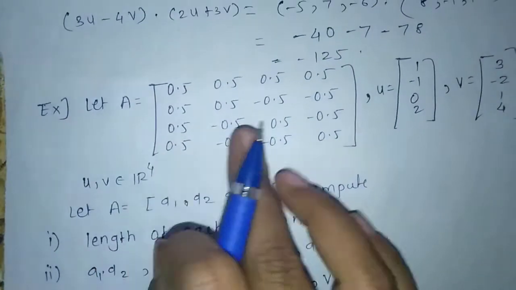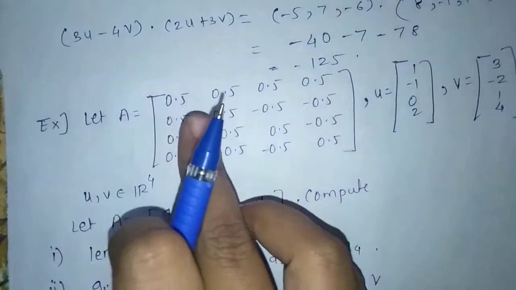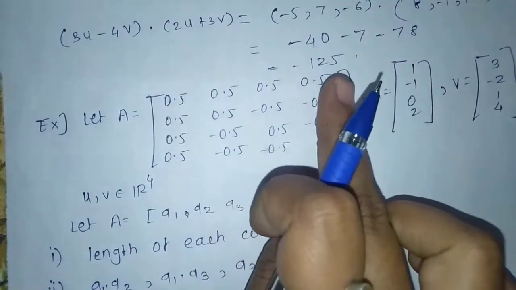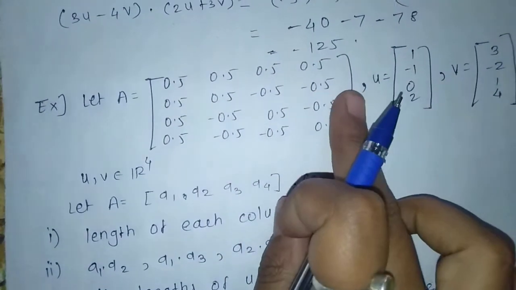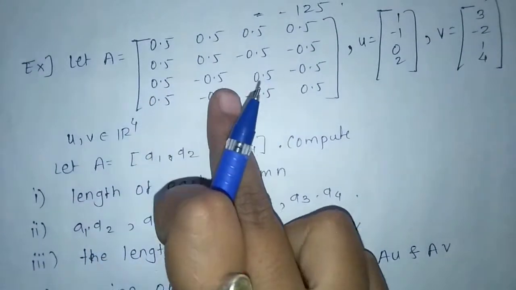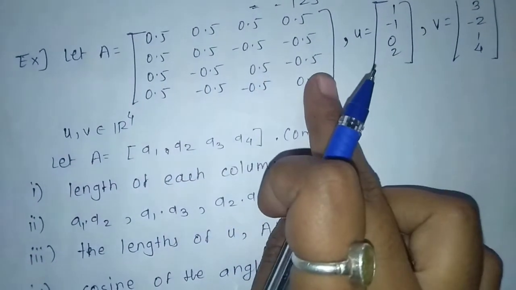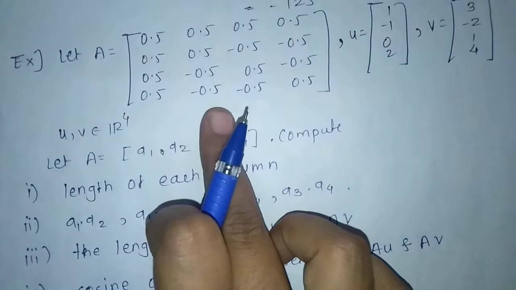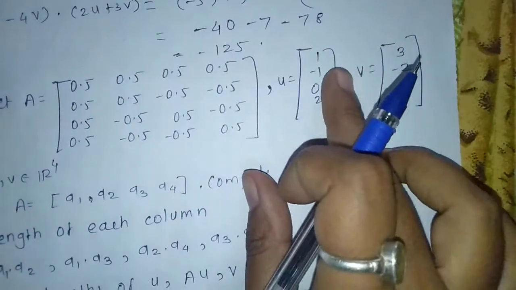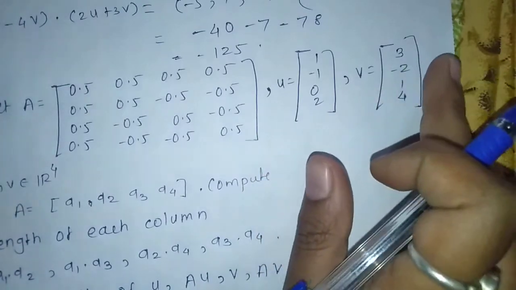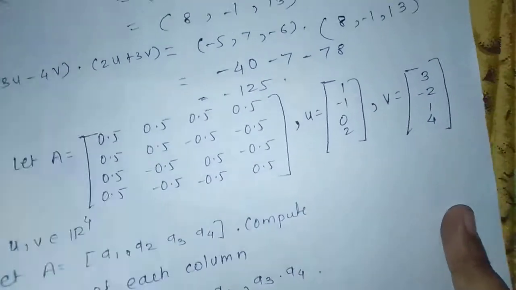Let A be a 4 by 4 matrix with entries 0.5, 0.5, 0.5, 0.5, 0.5, 0.5, minus 0.5, minus 0.5, 0.5, minus 0.5, 0.5, minus 0.5, 0.5, minus 0.5, minus 0.5, 0.5. U is equal to 1, minus 1, 0, 2, V is equal to 3, minus 2, 1, 4.